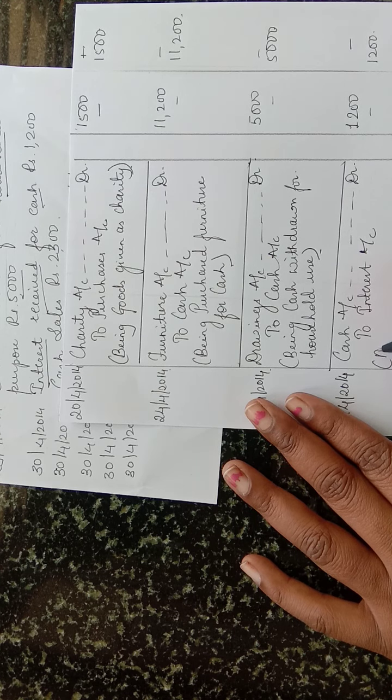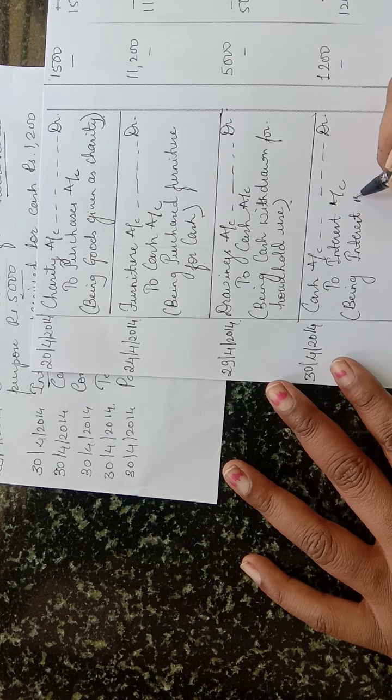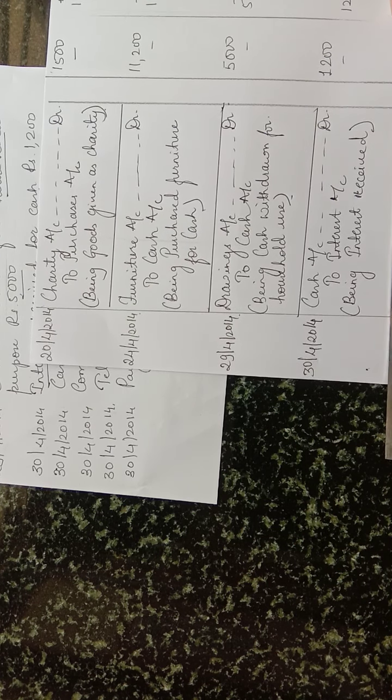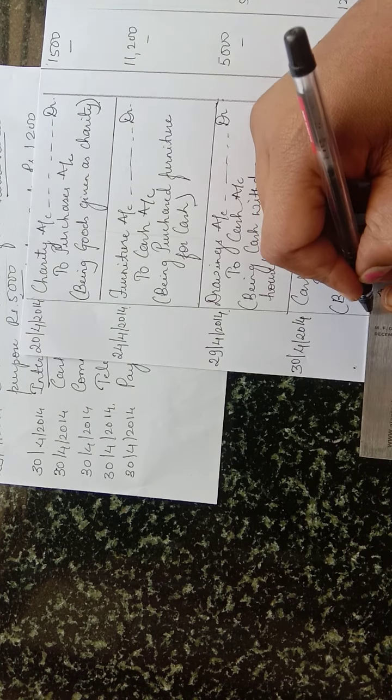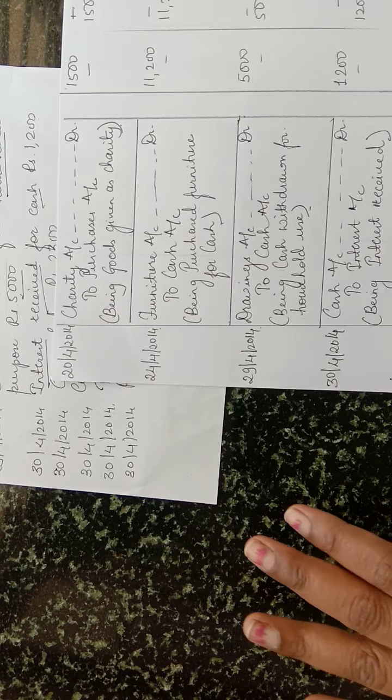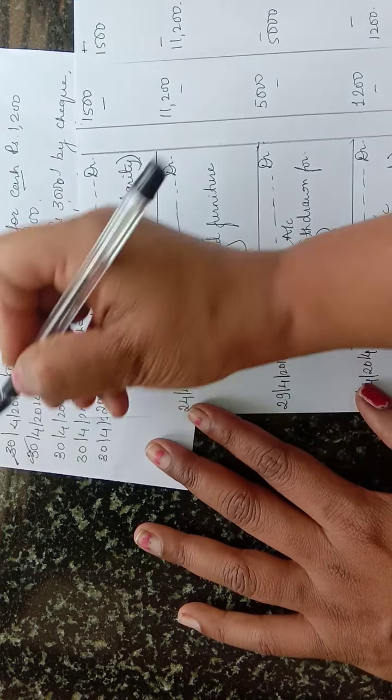Write the narration being interest received. Okay, so this completes a journal entry. Next, after 30 day, next one more 30 date is there.